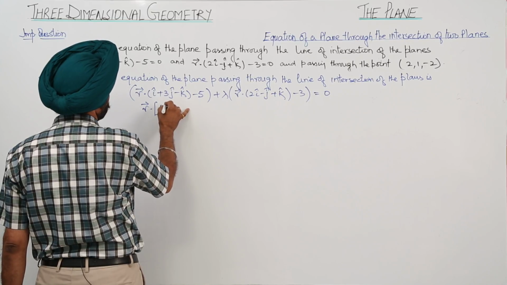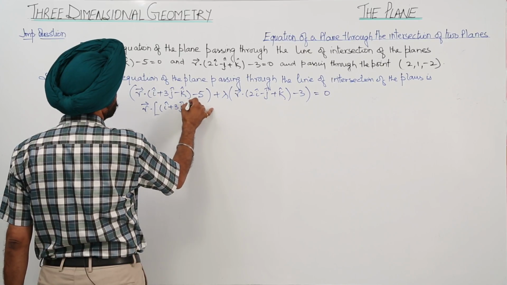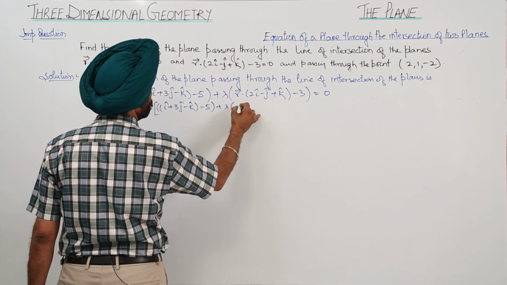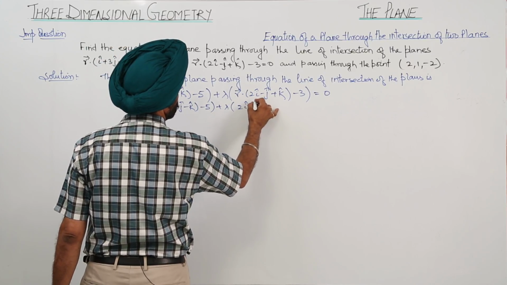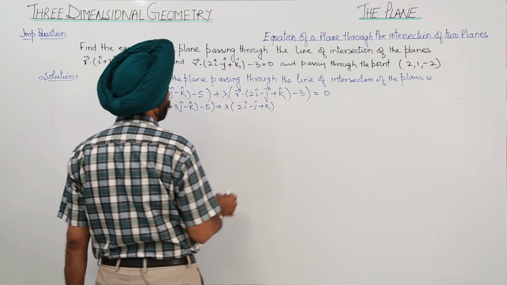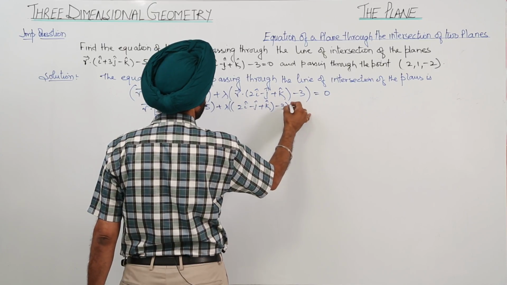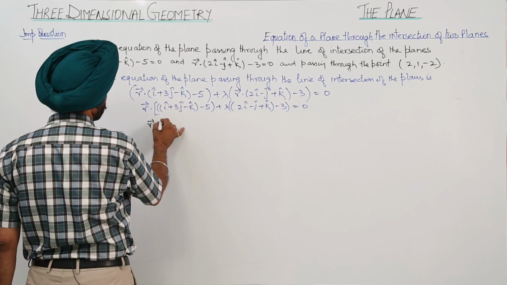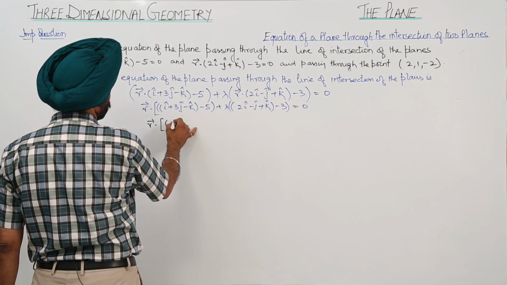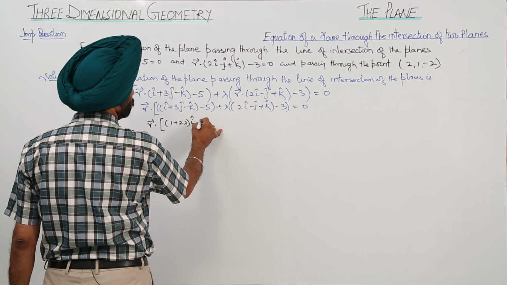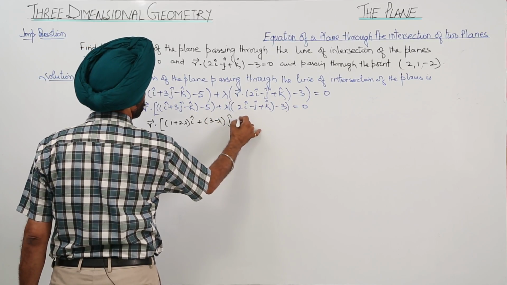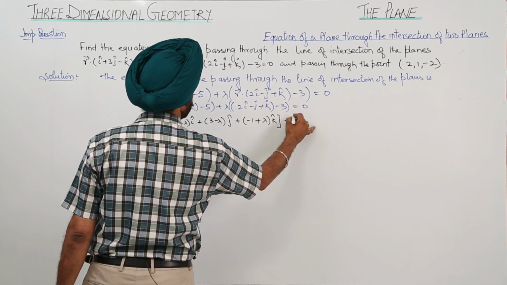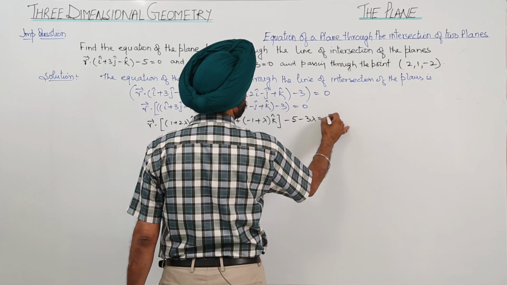Now we are having (i cap plus 3 j cap minus k cap) minus 5, plus lambda with (2 i cap minus j cap plus k cap) minus 3 is equal to 0, or we can write this as vector r dot ((1 plus 2 lambda) i cap plus (3 minus lambda) j cap plus (minus 1 plus lambda) k cap) minus 5 minus 3 lambda is equal to 0.